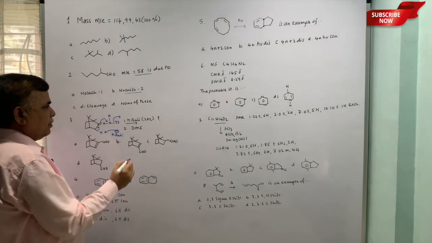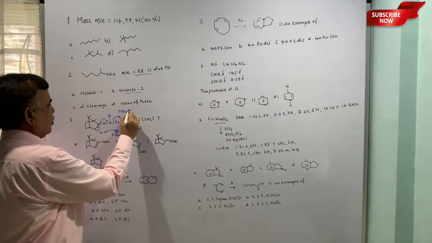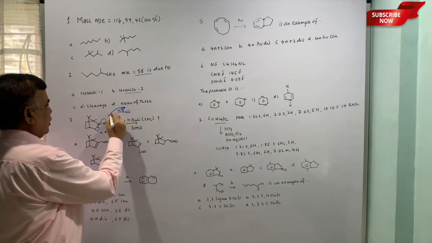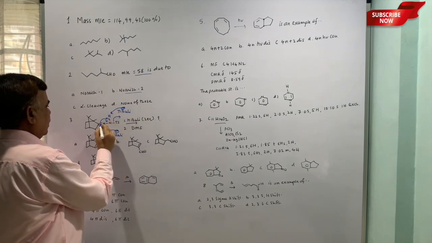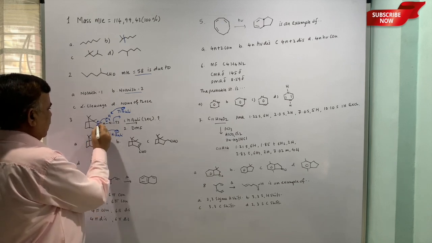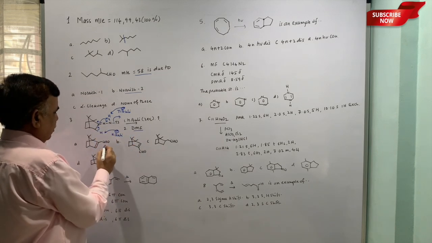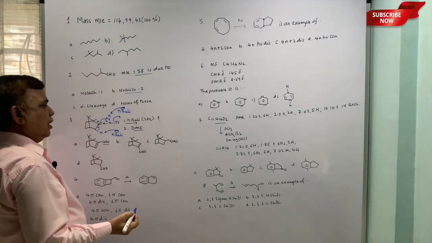This goes off, that is the first equivalent, and the second equivalent is n-butyl lithium, which will abstract this. This comes here and this comes here. So a double bond would be there, and this negative charge interacts with dimethyl formamide to form an aldehyde.